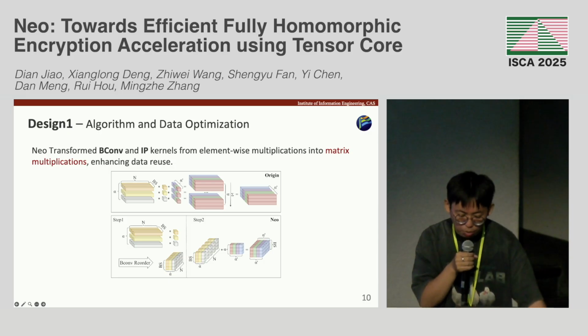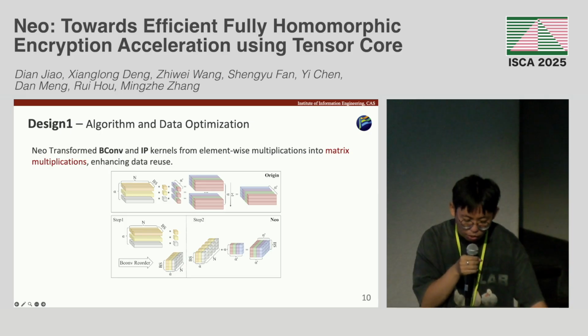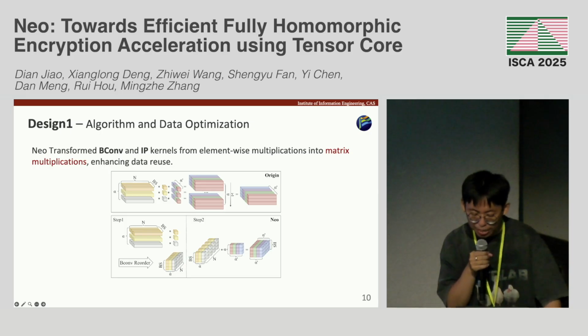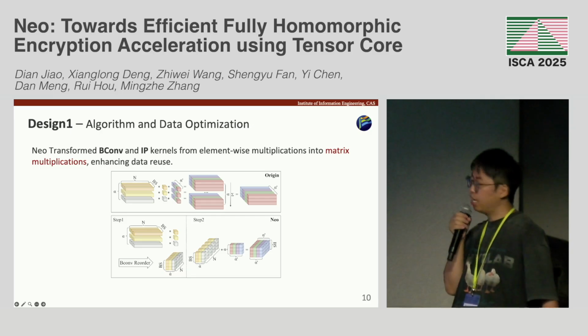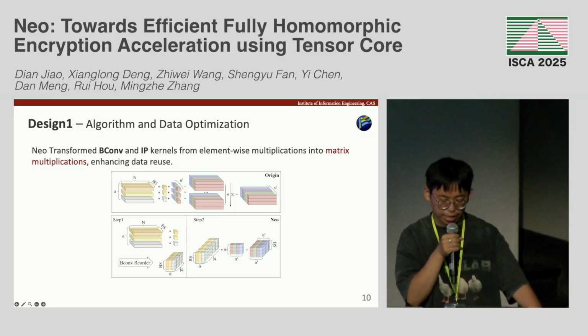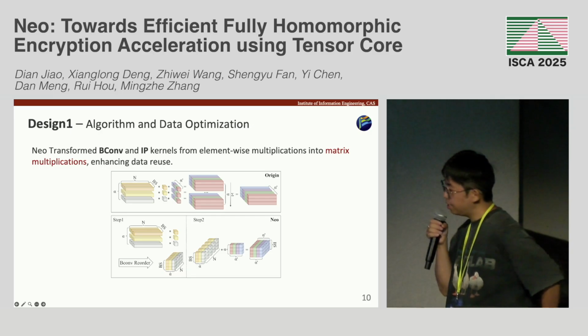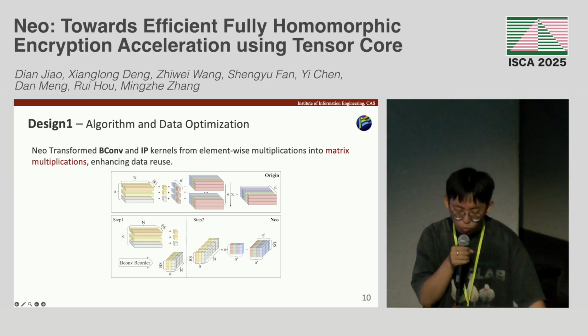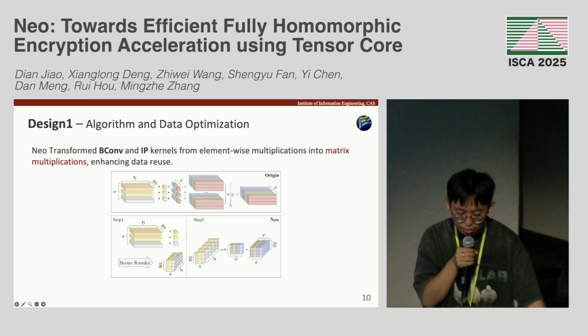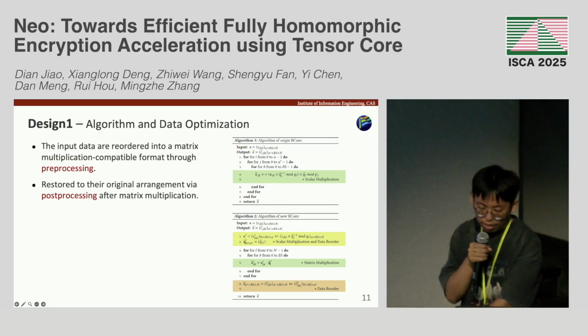By reordering the polynomials and conversion factors, we have converted the element-wise multiplication and accumulation into a single matrix multiplication. This way, all data is accessed just once to complete all necessary computations in one go.